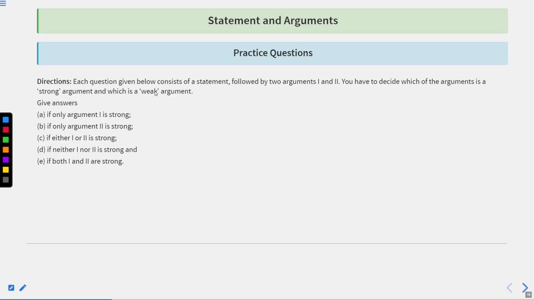But before providing you the solution, it will be advised that the candidate try to solve the question by themselves, and after solving the question they should tick mark any of the options that is right now in front of you, which is saying that only argument 1 is strong, only argument 2 is strong, either 1 or 2 is strong, neither 1 nor 2 is strong, or both 1 and 2 are strong. So you have to mark the answers accordingly.